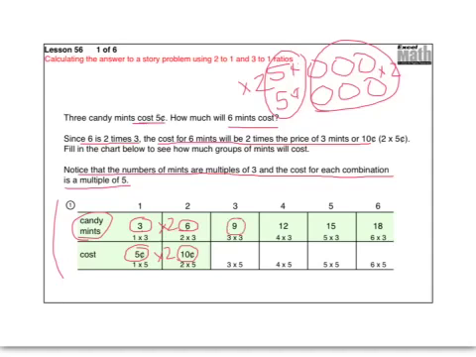And 9 mints is the same as multiplying this 3 times 3 to get 9. So if I'm getting 3 times the mints, I should pay 3 times the money if that's fair. And so I'd get it for 15 cents.